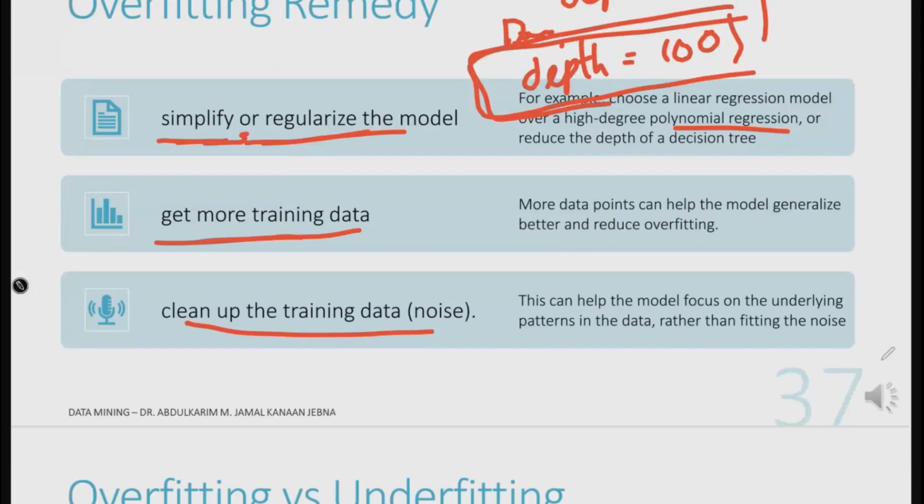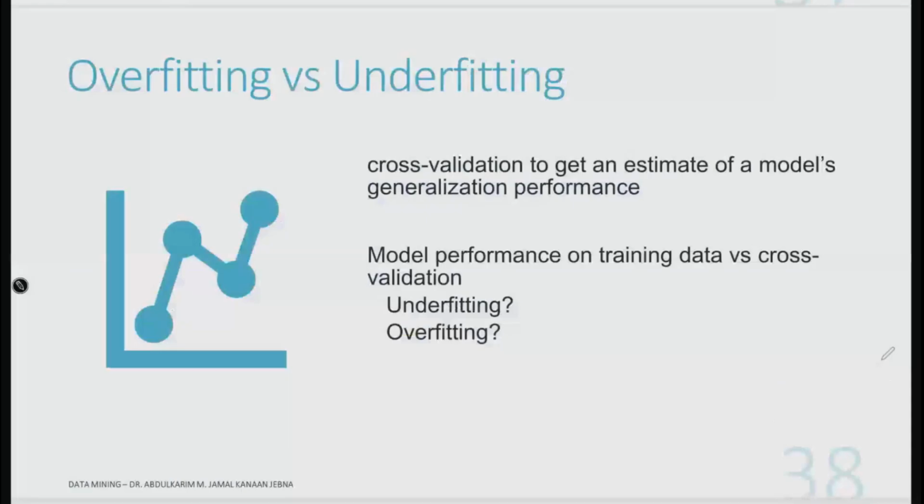Okay? As we said earlier, always you need to check the model performance in order to determine whether the model is overfitting or underfitting. But hey, remember we said earlier, the test set we never touch, correct? Then how can I get the generalization error?